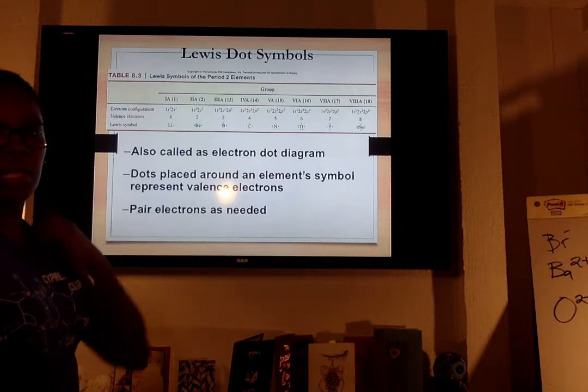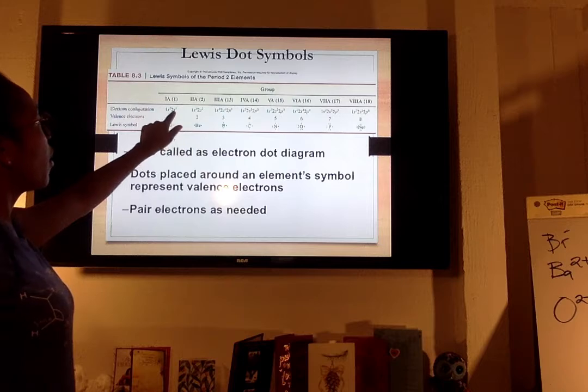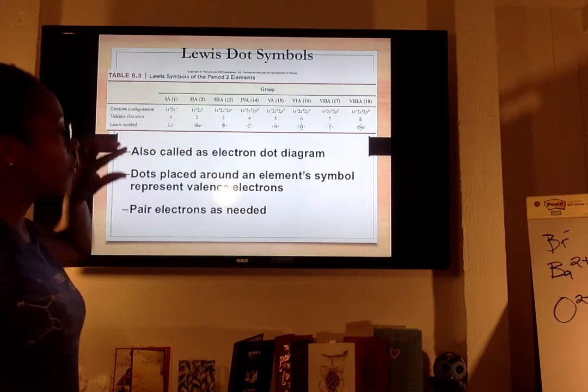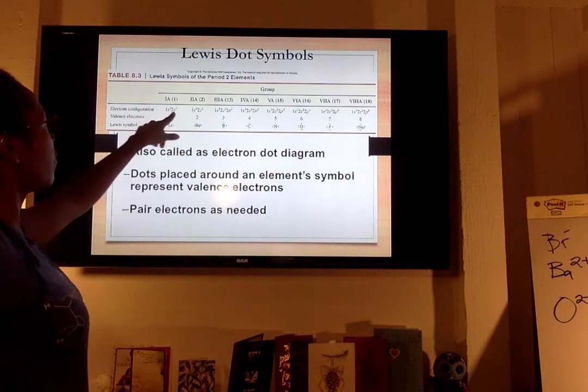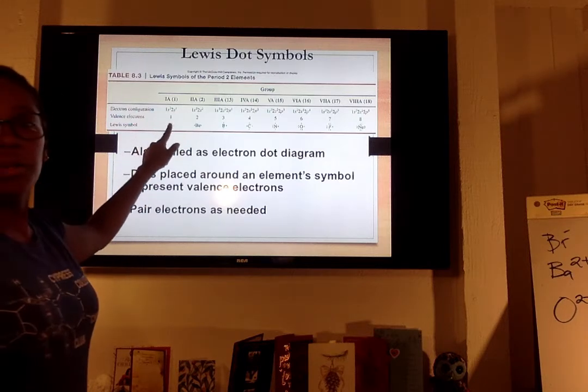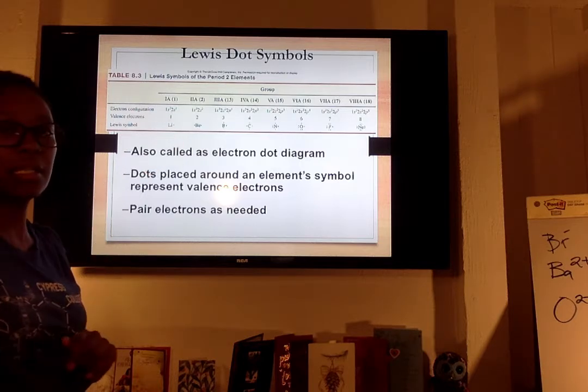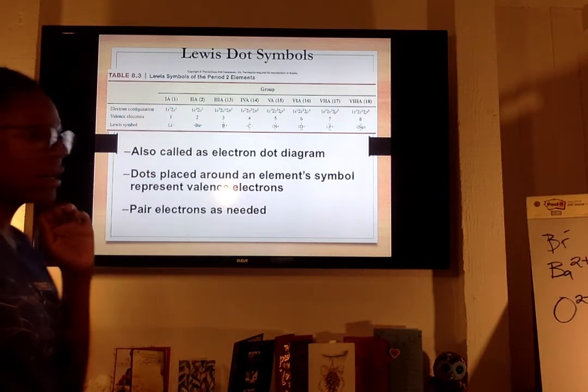So that is going to be the valence shell, the outermost shell. And then you have to add up all the electrons within the orbitals. Here we only have s, and there's only 1. So we have 1 electron in our valence shell. So they wrote Li with the dot, because the dot represents the 1 electron.